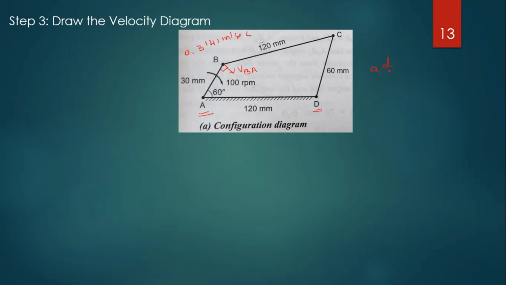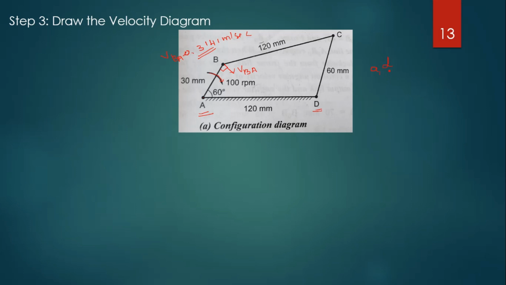This is the velocity of B with respect to A, right? So first fix the point A, D, and we have to draw the perpendicular line for this AB. We have to draw the line with a magnitude of 0.3141 meter per second, perpendicular to the link AB, right? The direction is clockwise, as already given.